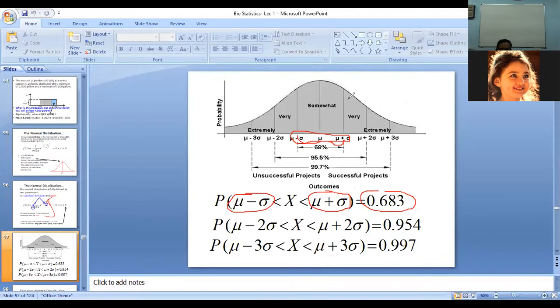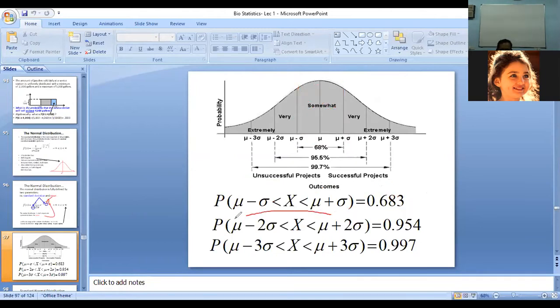As you all know, the probability of a continuous distribution is given by the area under the curve. So if you take mu plus or minus 1 sigma, it comprises almost 68.3% of the area.